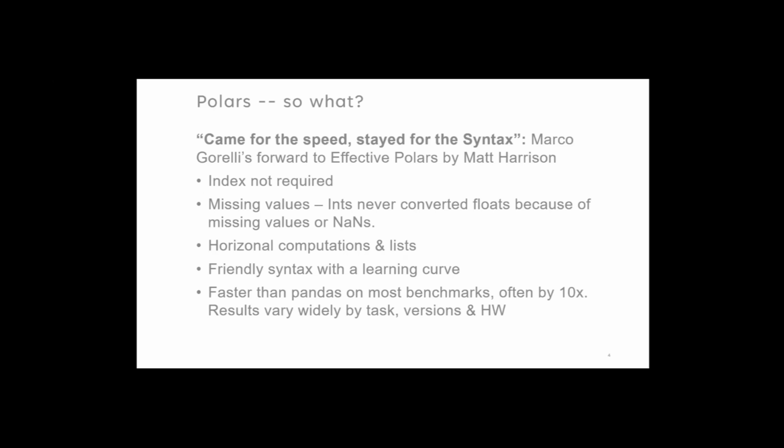Have you ever had your integer column get converted to a float because of the missing data? You don't have that happen. They have much better handling of missing values. There's horizontal computations like sum horizontal. There's just a few general comments, but you find a lot of things in the syntax that to me are very, very welcoming over pandas.